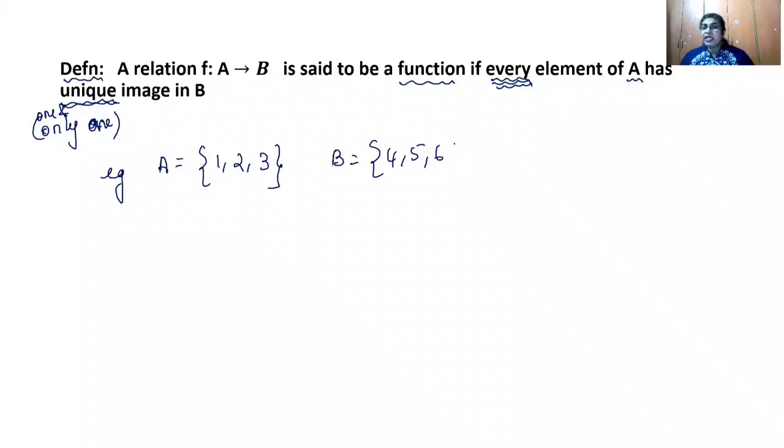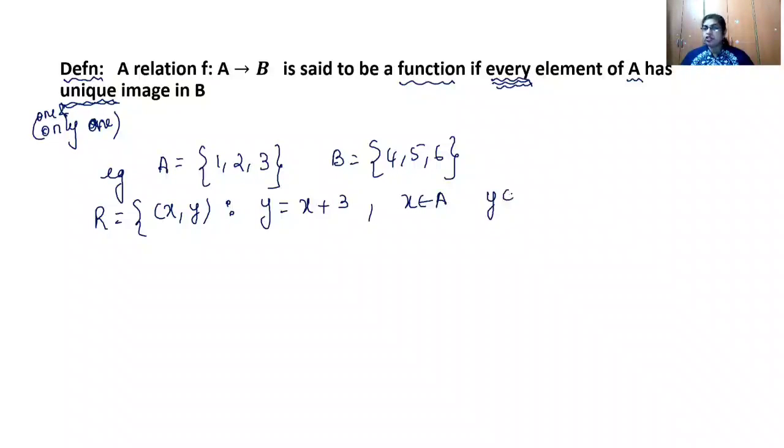So A and B are given, and the relation is defined as R equals the set of all (x, y) such that y is equal to x plus 3, where x belongs to set A and y belongs to set B. Now write the answer of this relation, then we will check whether this relation becomes a function. For it to become a function, every element should have a unique image. So let us check whether that is possible.